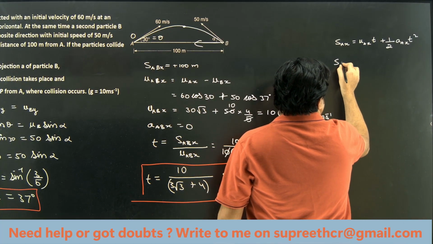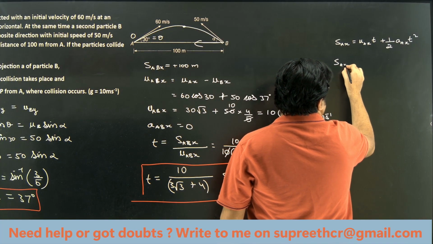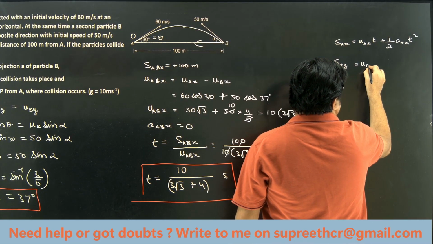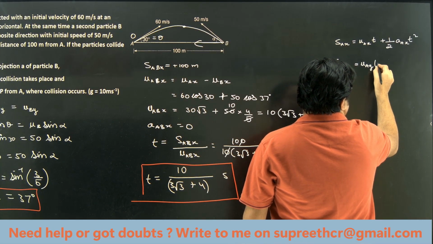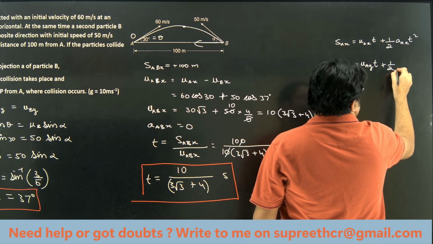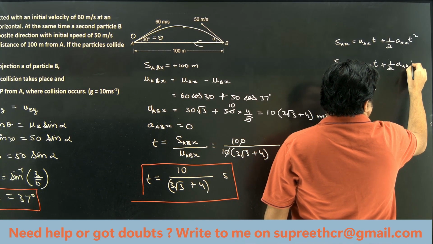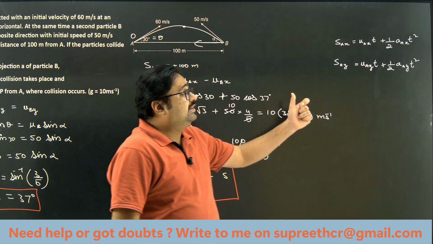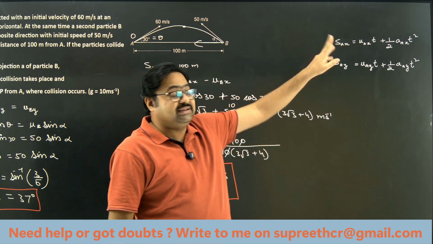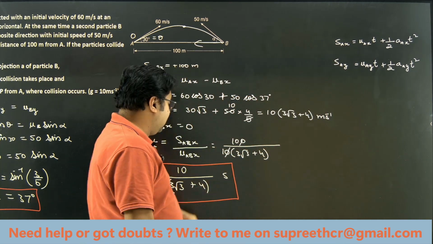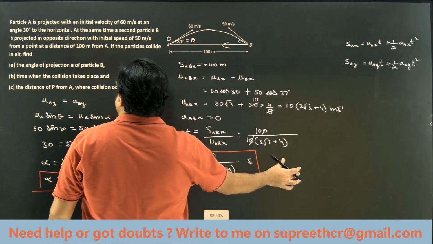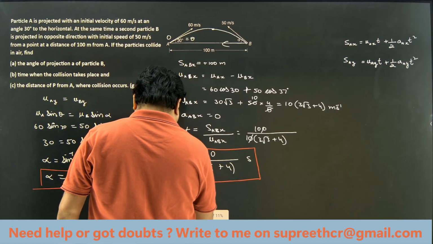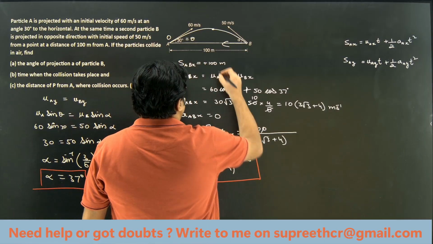And similarly, you can find the displacement of A along the y direction using a similar equation. You will simply write uAy multiplied by t plus half ay into t square. When you do this, the displacement of A along x and the displacement of A along y would simply be the coordinates at which the collision takes place.